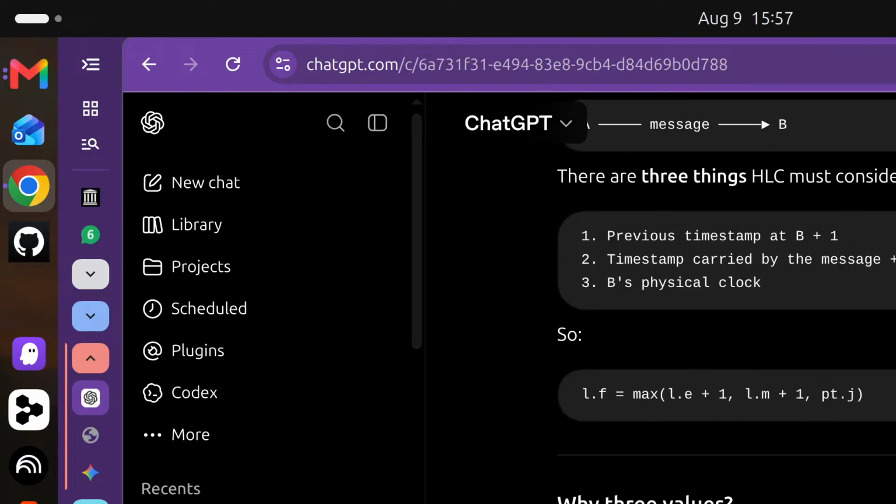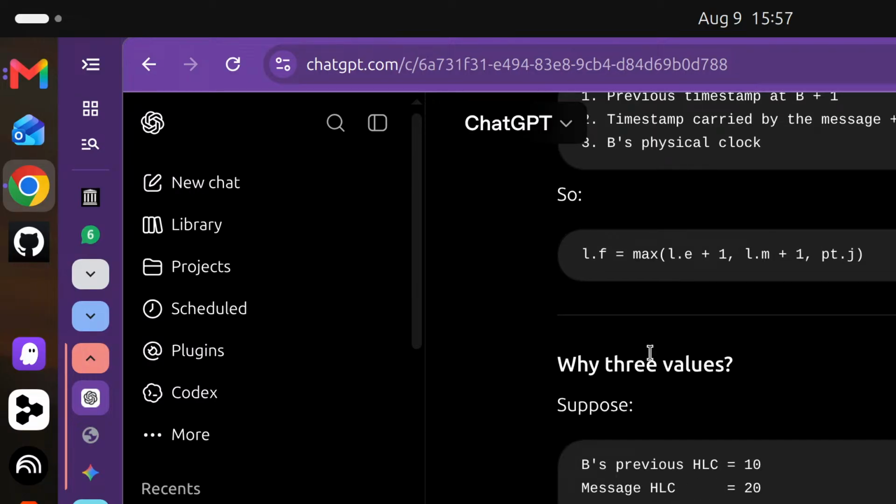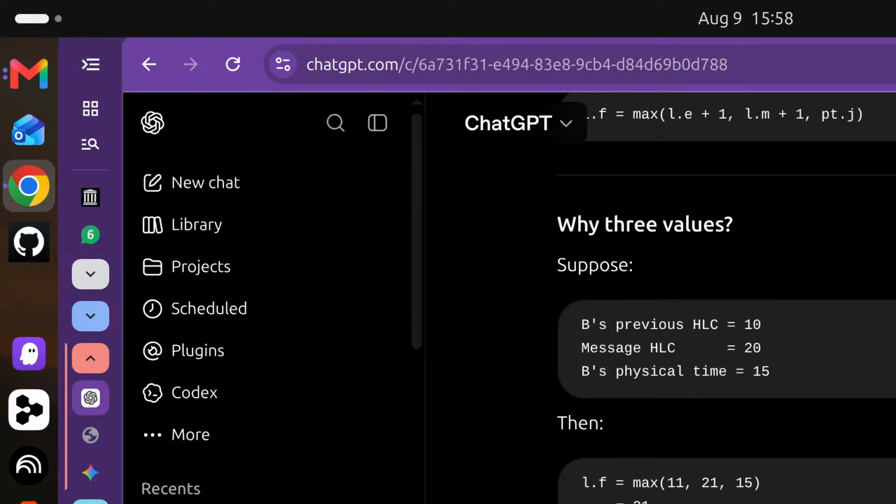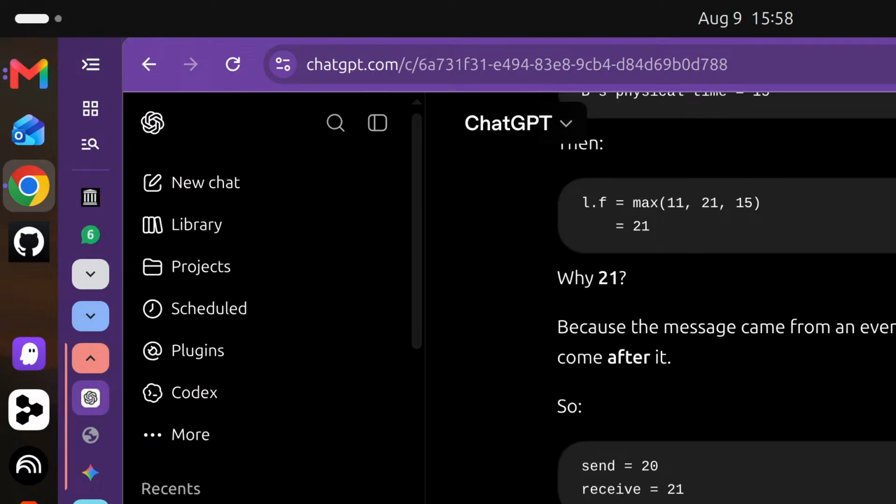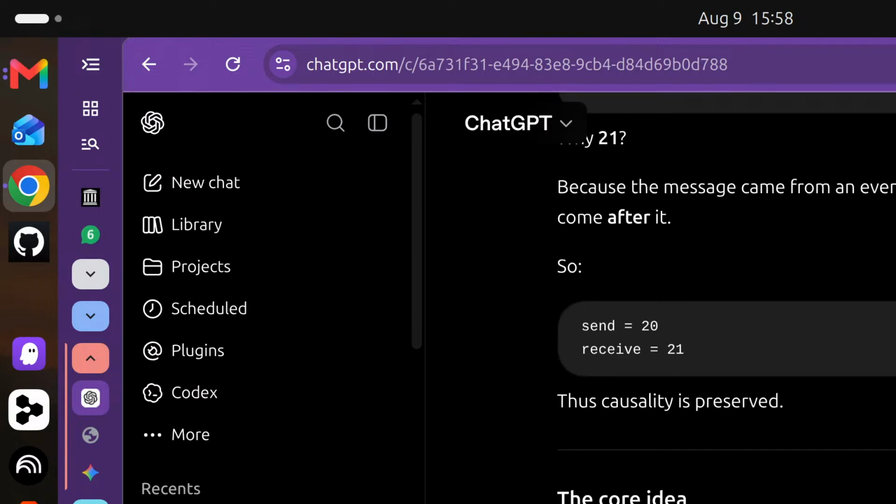So it is the timestamp at B of event E plus 1, the message send event plus 1, and physical time. Why 3 values here? Because B's previous HLC is 10, let's say the message HLC is 20, right? And B's physical time is 15. So this must be 21, right? The causality is preserved.